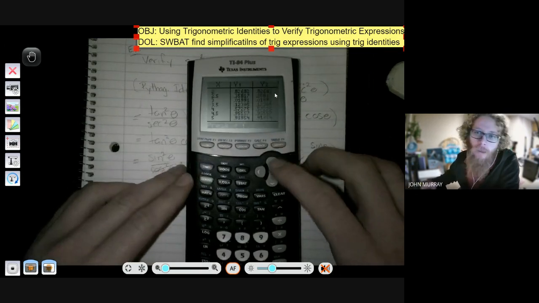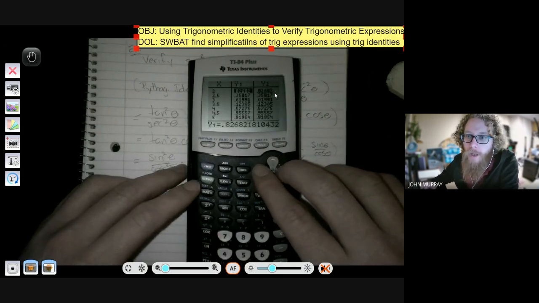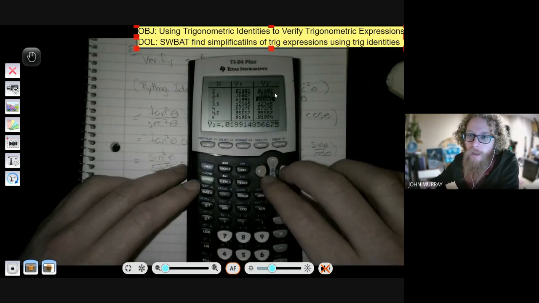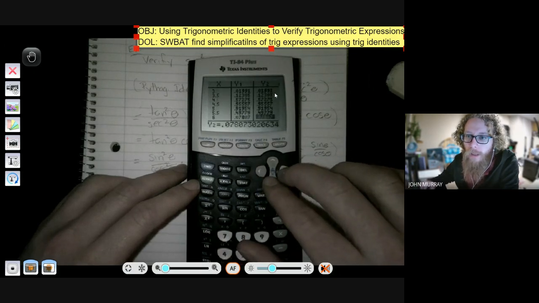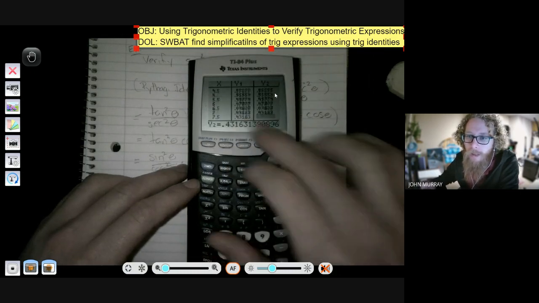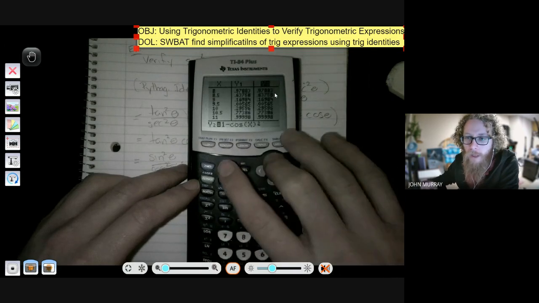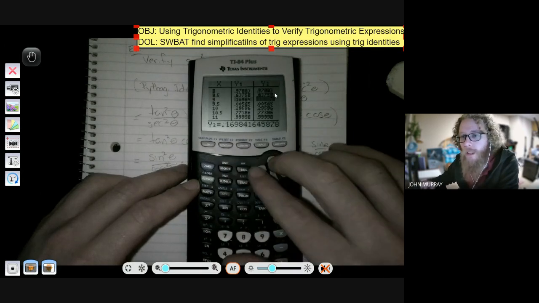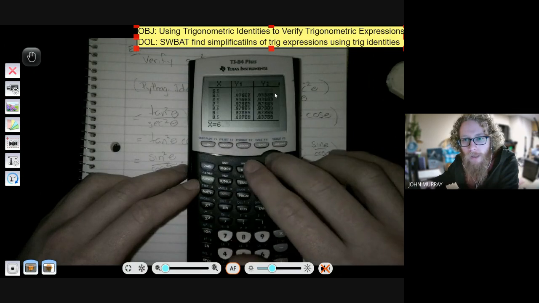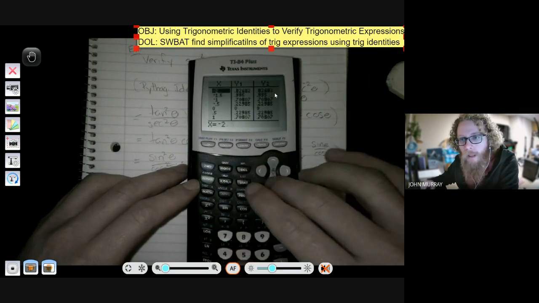But if we look at the table, our y1, which is the first equation, and our y2, which is the second equation, all those match up for each x. As we go along, at 6.5, it's the same. At 7, it's the same. At 7.5. So those are just other ways that you can make sure that you're not on some wild goose chase, trying to make two equations equal to each other when they don't.